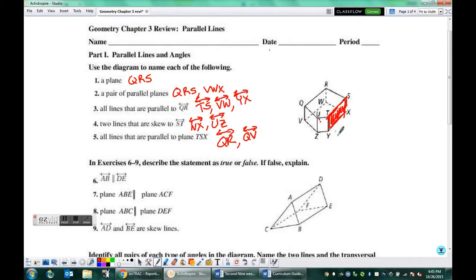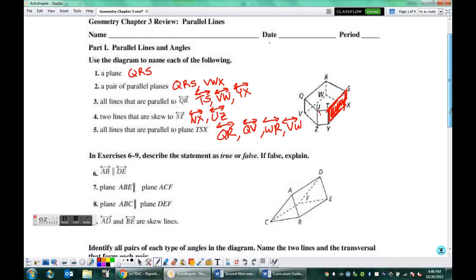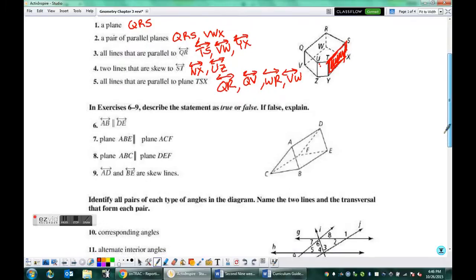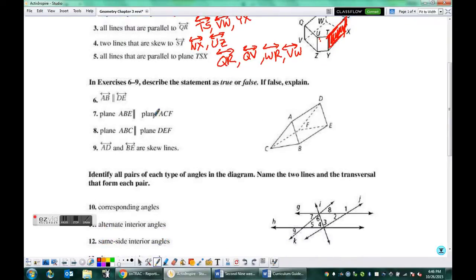I can't do QU, because QU would eventually intersect that plane. Can't do UT, that would intersect that plane eventually too. I could do WR, and it looks like VW would work as well. Those are the only ones that I can think of. Maybe you can find something else, but just remember it cannot intersect that plane.